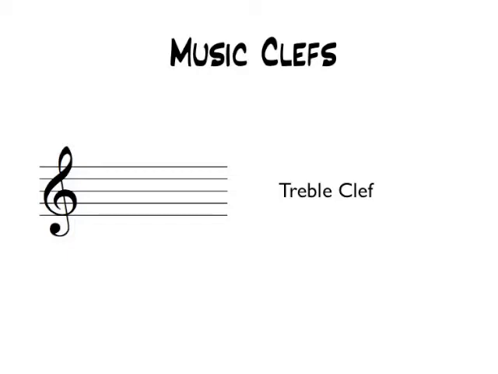So the first one, treble clef, is also known as a G clef. And the reason that it is known as G clef is because that little curlicue, a circular area, if you will, in the body of that clef sign is encasing the second line from the bottom. And that is signifying that that is where the note G belongs.